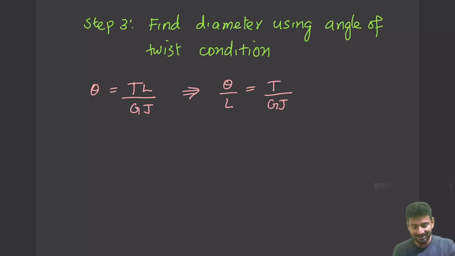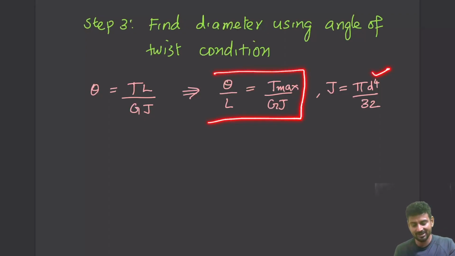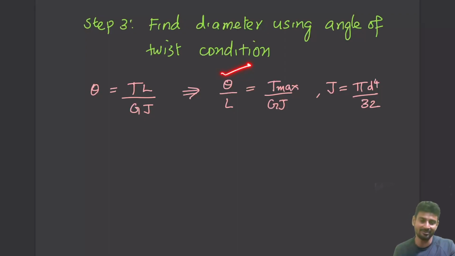We have theta by L, so we'll rearrange this equation as theta by L is equal to T by GJ, and T, as I've said, we should use T max in this equation. Now, we know that the value of J is pi d raised to 4 by 32. Using this equation, we can solve for D so that the angle of twist doesn't exceed the given value of 1 degree per unit length.